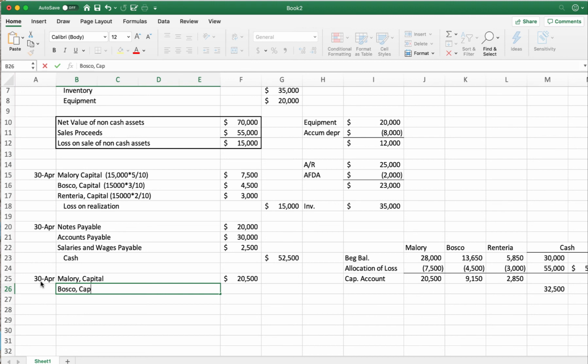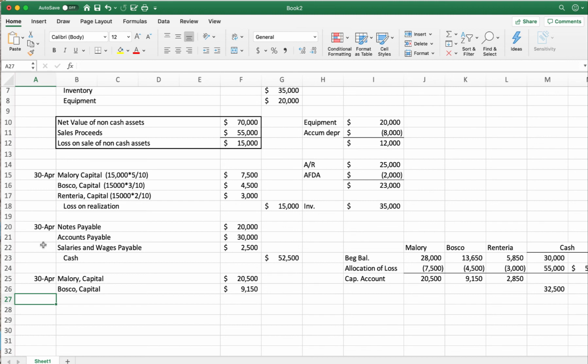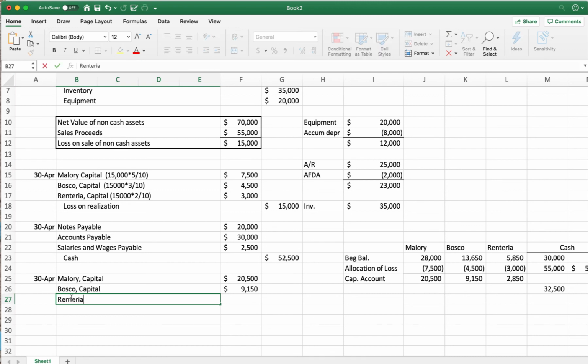Bosco Capital is going to be debited because he's taking his money and he's leaving. We're going to debit that for $9,150. That's the amount of his capital account after we allocate the loss. Okay. Finally, we have Renteria Capital, and we're going to pay her $2,850.